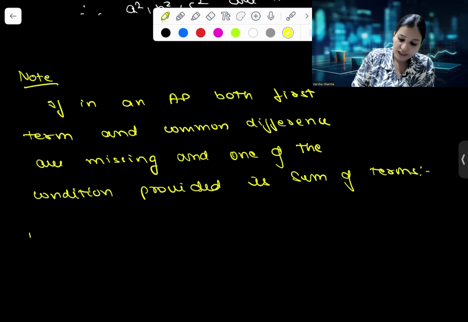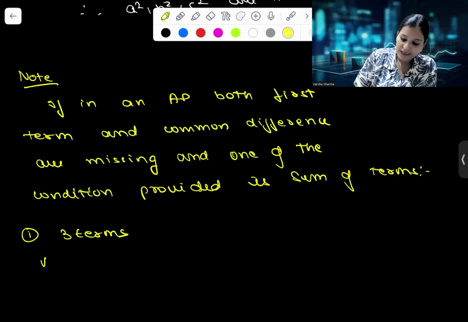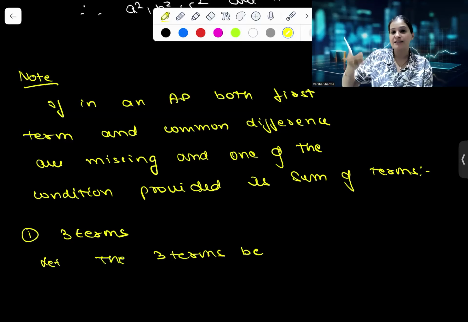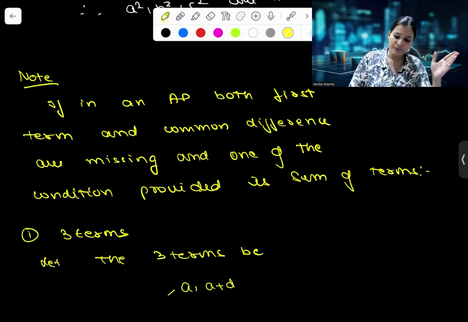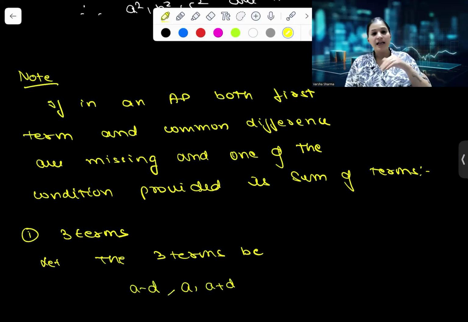And in order to do that, suppose there are three terms. Then let the three terms be, rather than taking a normal AP a, a plus d, a plus 2d, we'll take a. If the common difference is d, the next term would be a plus d and the preceding term will be a minus d. Are these three terms in AP?